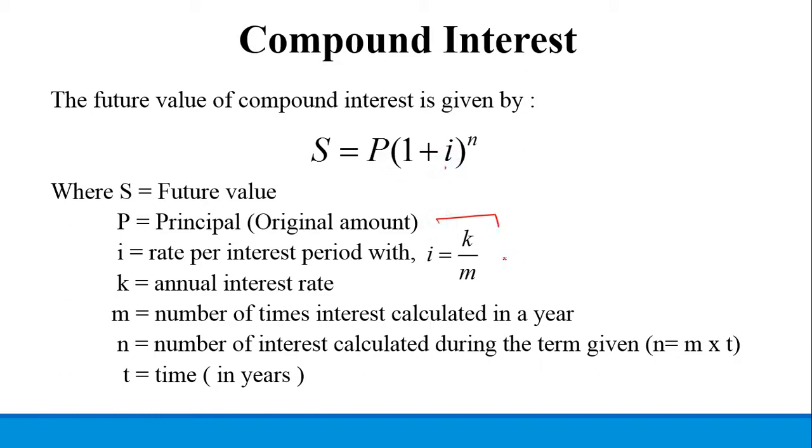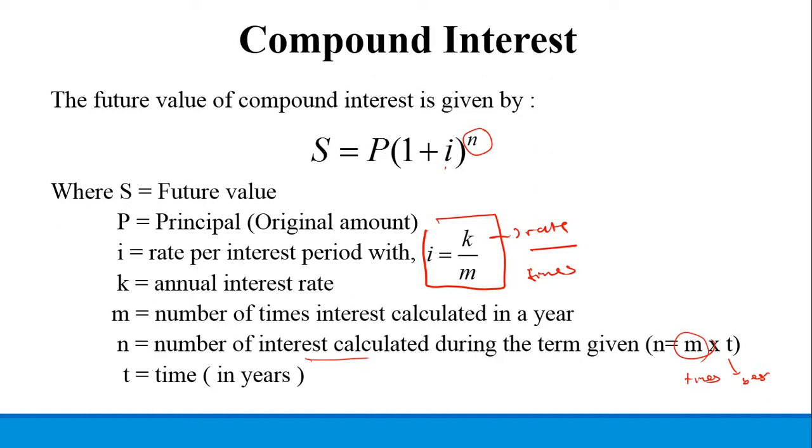I is K divided by M, which is the rate divided by the frequency, how many times the interest is paid. N is the duration, which is the number of interest calculations, M, how many times, multiplied by T, how many years. Then you get the N.